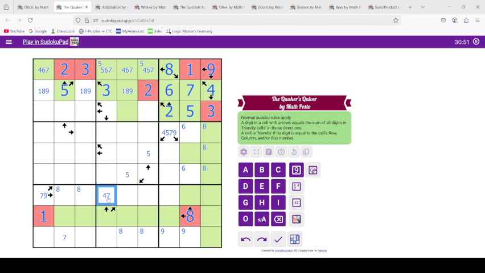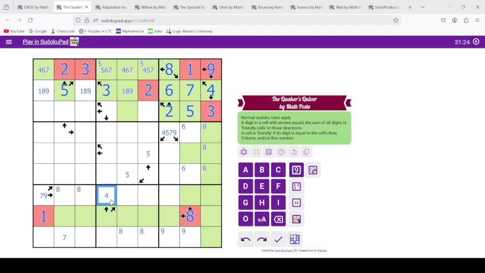Either we have a single 4 here, one of these being a 5, that a 7, or a 4-5 pair, making that a 9. That could also be 7. Can't be a 7, actually, because then that would add up to at least a 10. So yeah, 4, 5, 7, or 9.